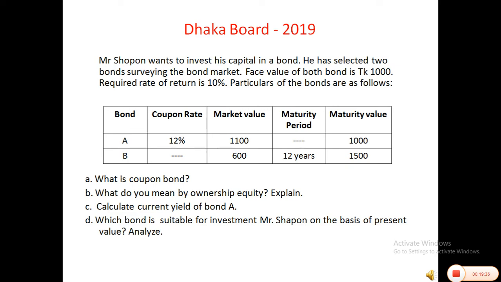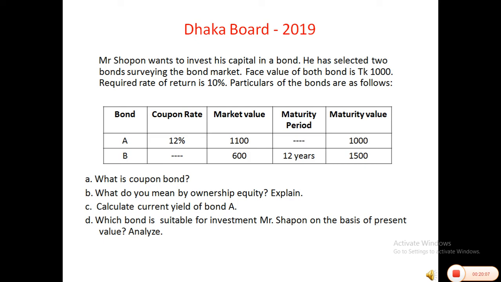Market value of bond A 1100, of bond B 600. Maturity period of bond A, no maturity period is given. Maturity period of bond B 12 years. Maturity value of bond A 1000, maturity value of bond B 1500.